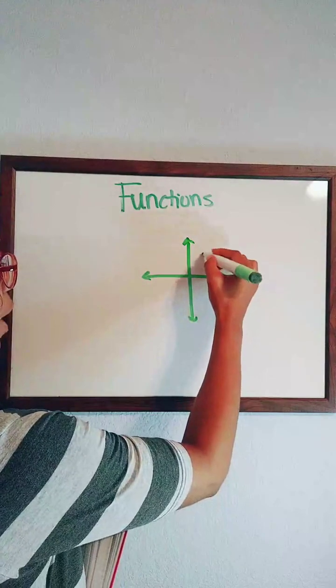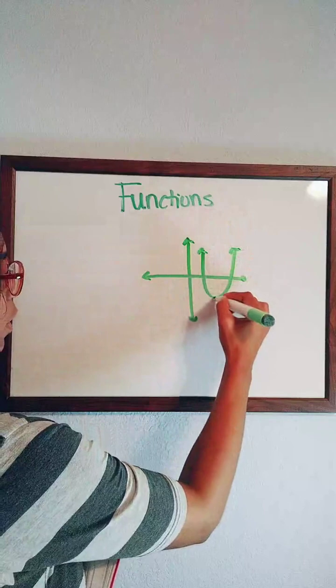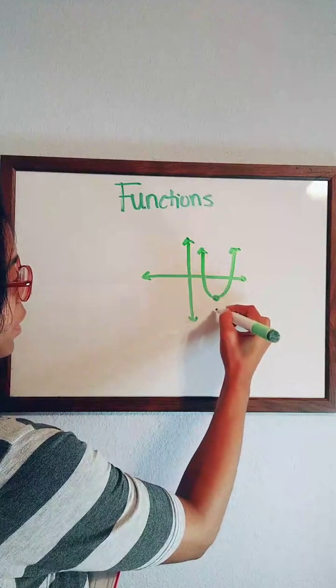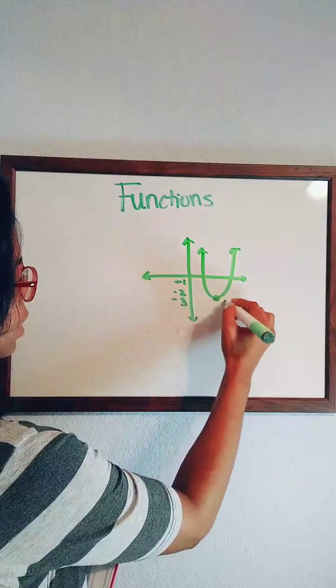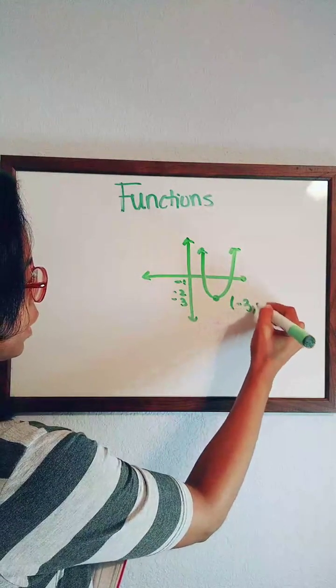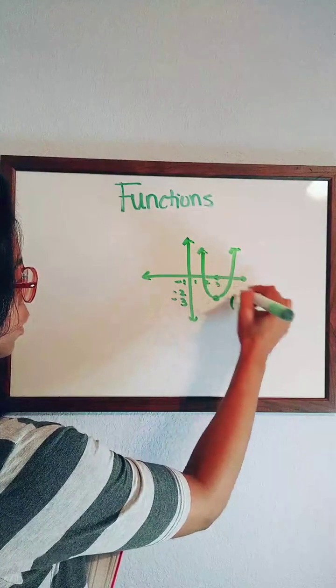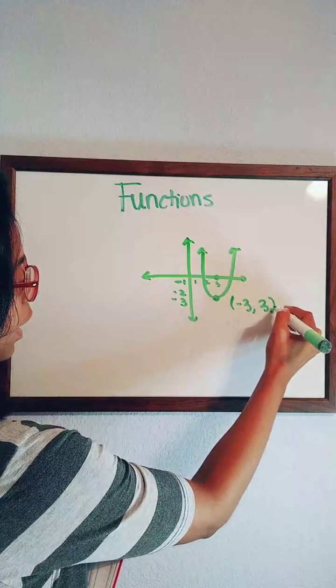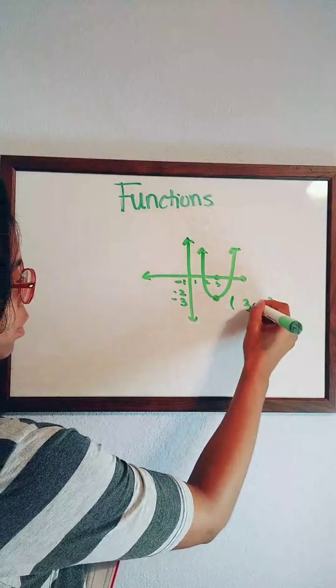Let's say we have a graph that's drawn like this. And this is my vertex, and this is at -1, -2, -3. Okay, so we're going to say that this is -3 and 1, 2, 3. My bad. 3, -3.